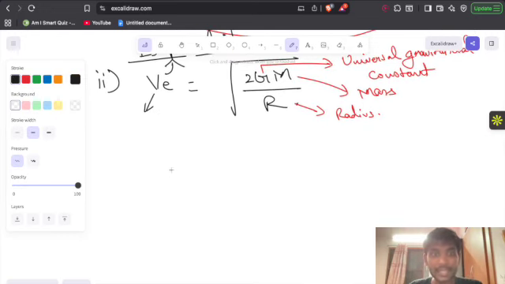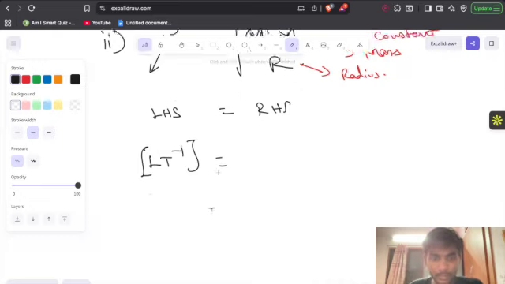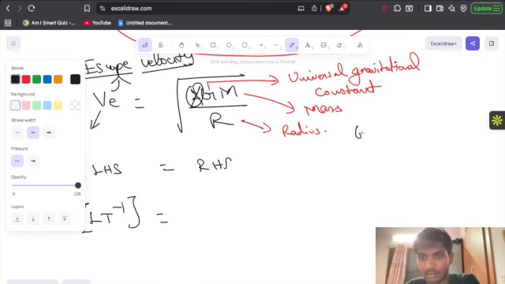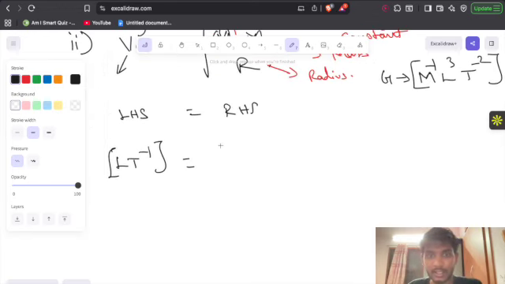So now the LHS should be equal to the RHS. In the LHS I have velocity, which is LT minus 1. So what should I have in my RHS? That should also be LT minus 1. I don't consider constants, so I can remove this. Before that, let me give you the dimension of G. G is M inverse L cube T inverse 2. I have derived this in detail in my previous video. Please do have a look at that.